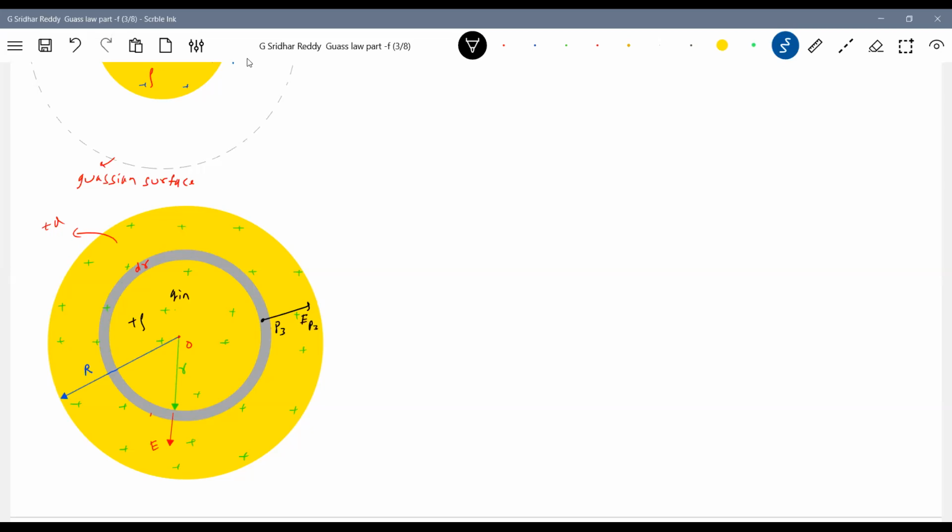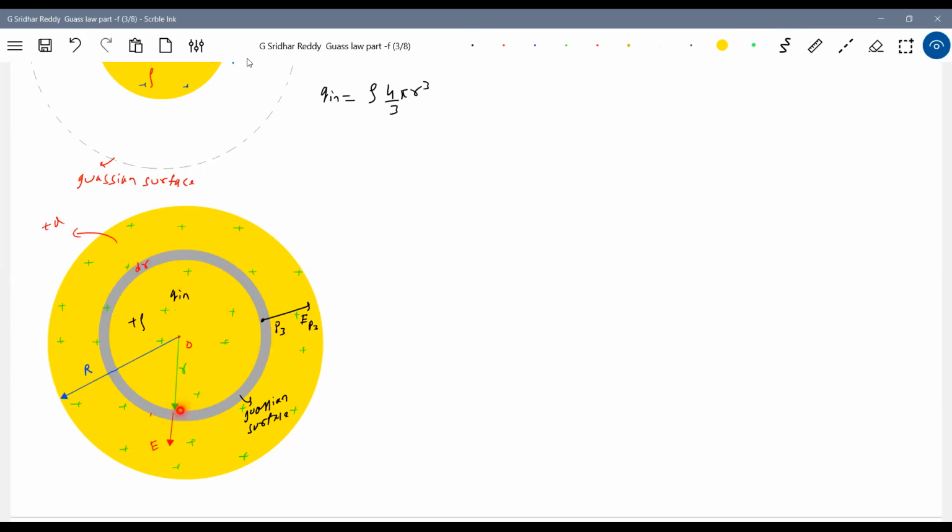So I come to the Gauss law. So first Q in we will calculate. So what should be the Q in? What is the charge enclosed by the Gaussian surface?